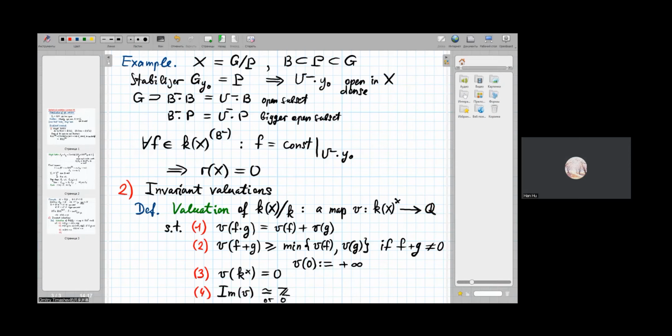But it is not convenient for us to assume that the value group is integers, though essentially it is the case, because our fourth condition says that the value group is isomorphic to Z. It is a cyclic subgroup in Q. But it is convenient for us to adopt some rational multiple. So the value group is Z up to a rational multiple, the generator of this group. It will be convenient to use this definition, like we have given.